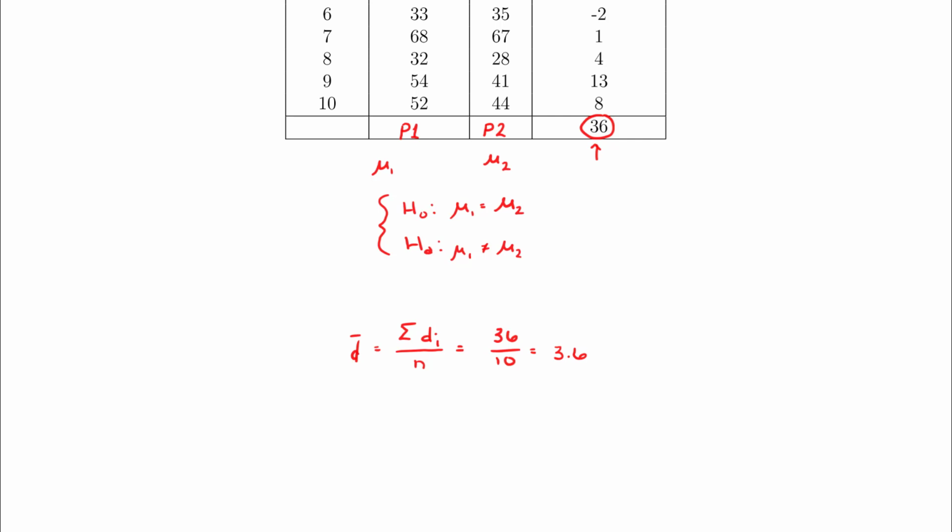So the question that we want to address through the hypothesis test is this difference of 3.6, can it be attributed to sampling error, or is that difference of 3.6 large enough to indicate that there is a difference in the means between males and females, or husbands and wives? And so to answer that question, we have to start talking about the distribution of the variable d bar.